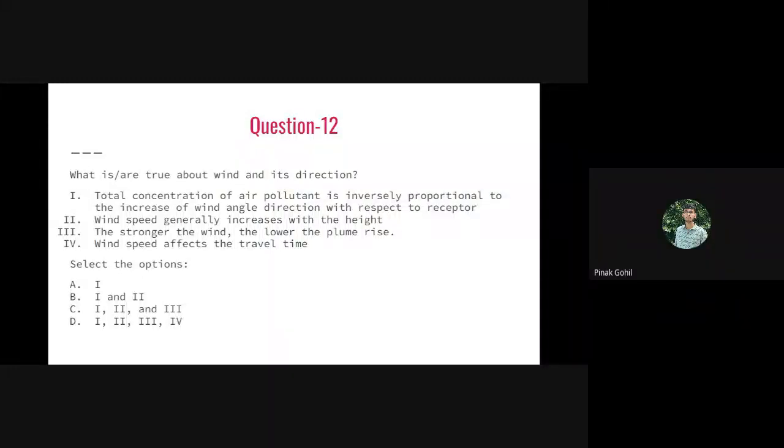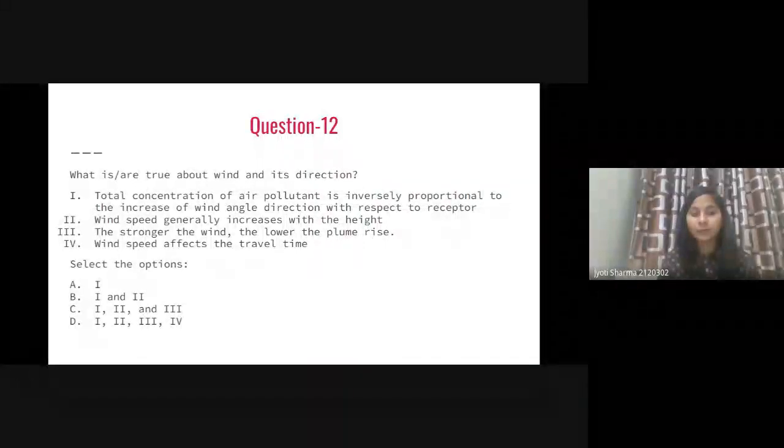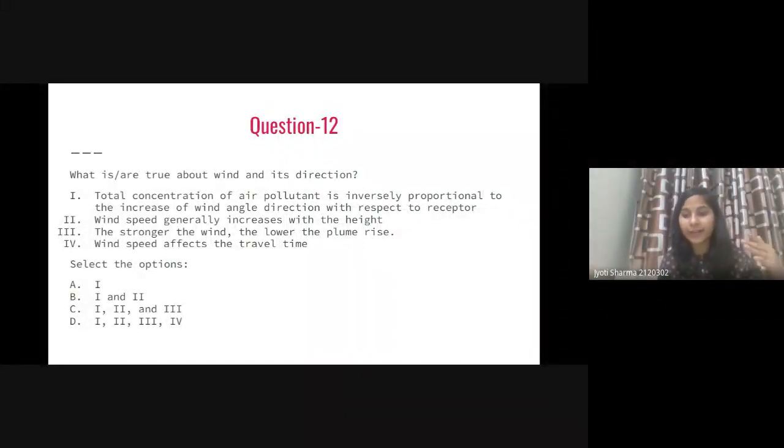Please repeat the first statement, I'm not able to understand the first one. The first one is, based on your wind direction and your wind speed, your pollutant will be dispersed.